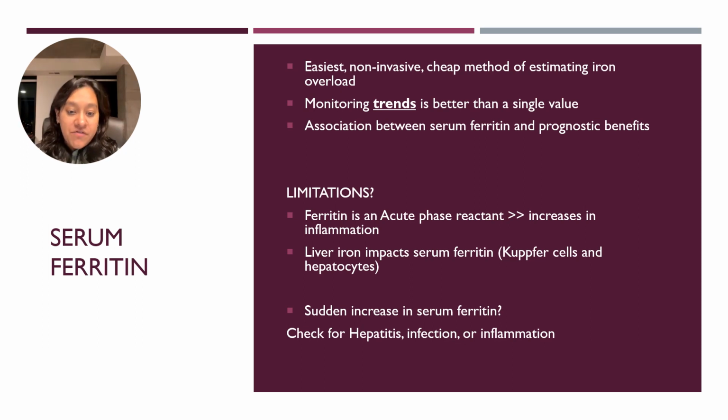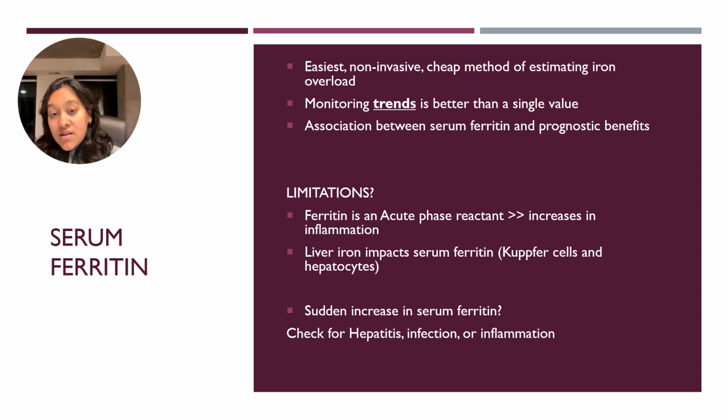However, there are certain limitations with this investigation. The first one is that serum ferritin is an acute phase reactant. Like other acute phase reactants such as CRP or ESR, the values of ferritin can increase in the presence of infection or inflammation.